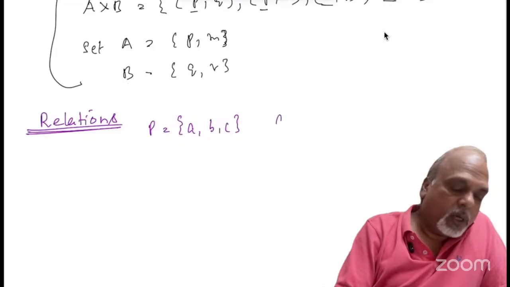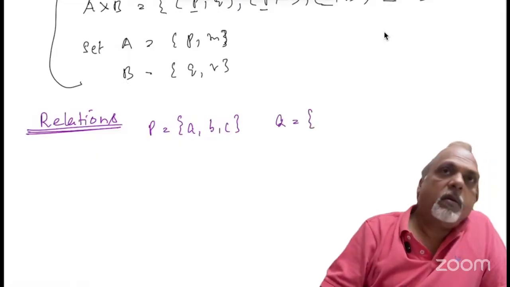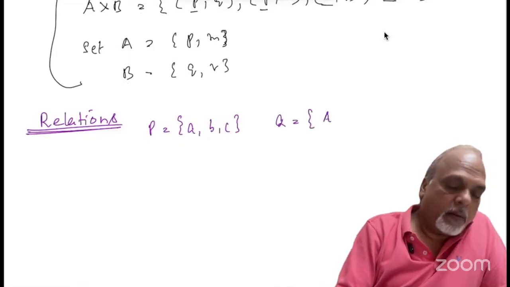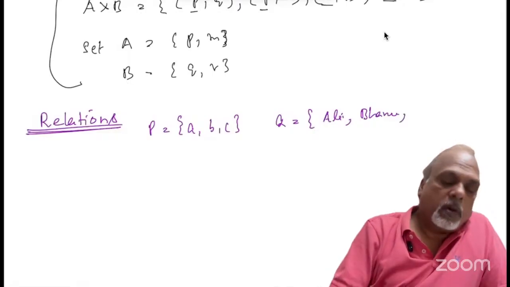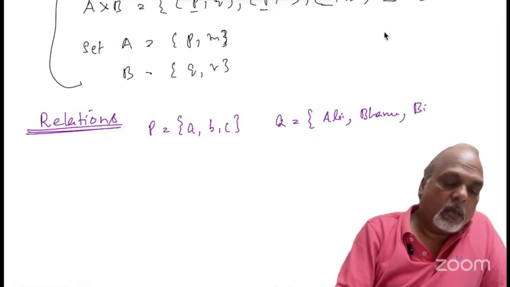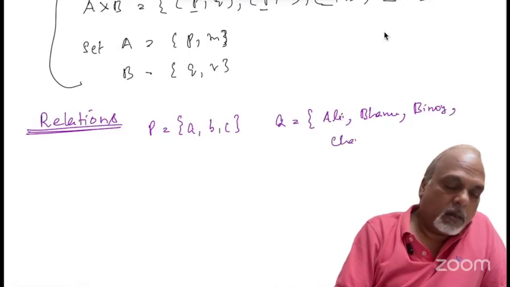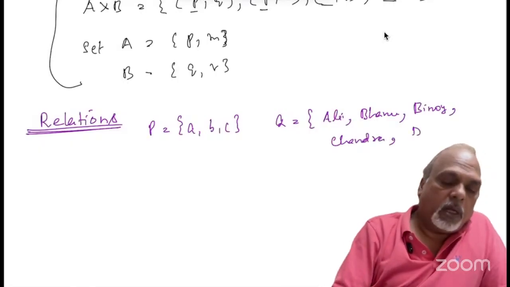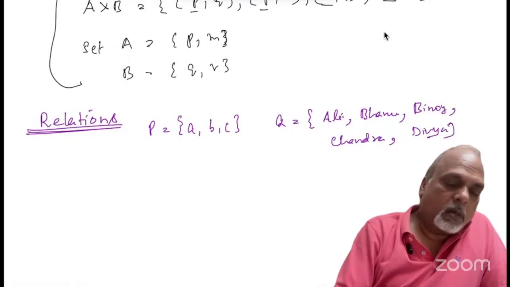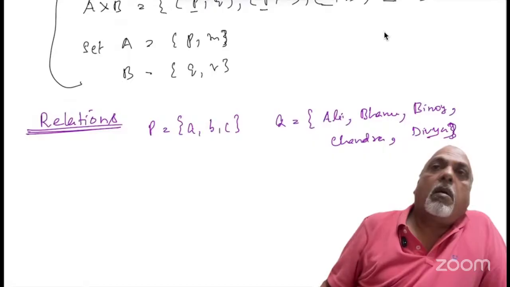And suppose here Q is Ali, Bhanu, Binoy, Chandra, and Divya. These are the names of persons.